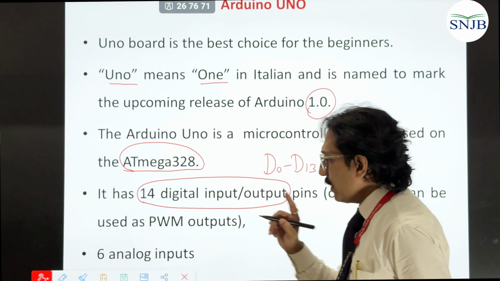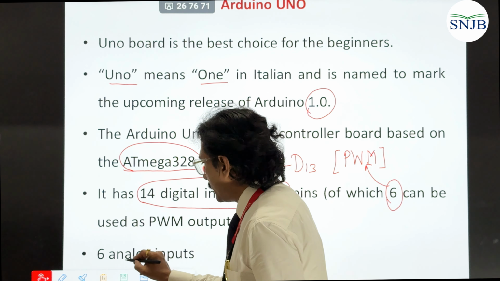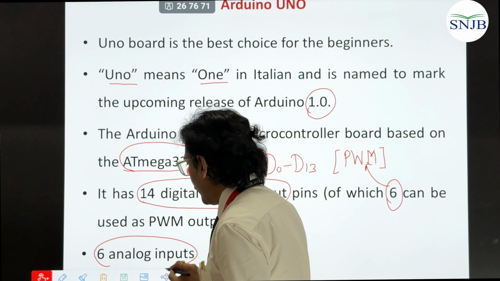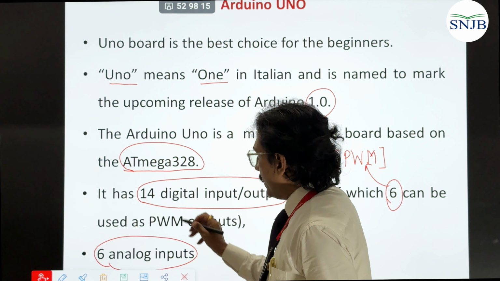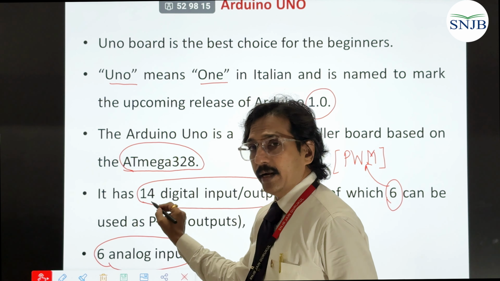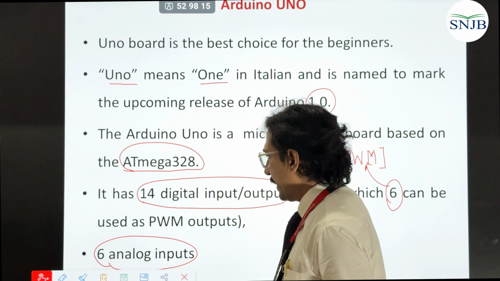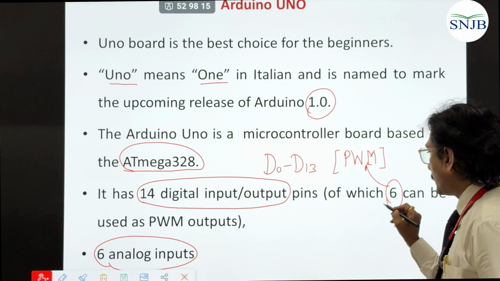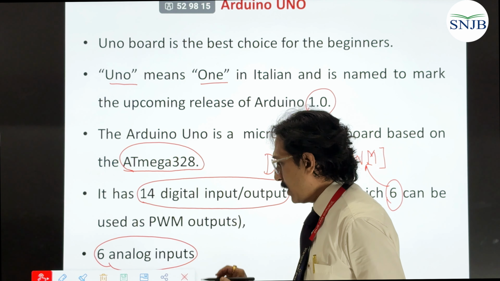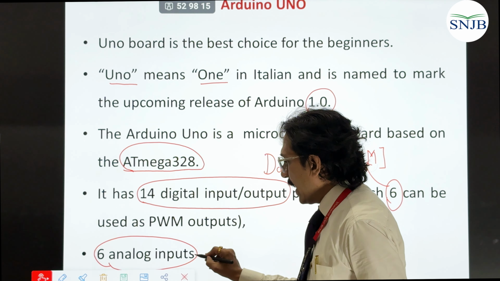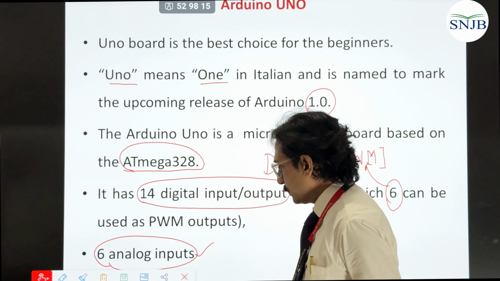Arduino UNO has 6 analog inputs. So we have to remember that it has 14 digital input output pins, out of them 6 support pulse width modulation, and it has 6 analog inputs.